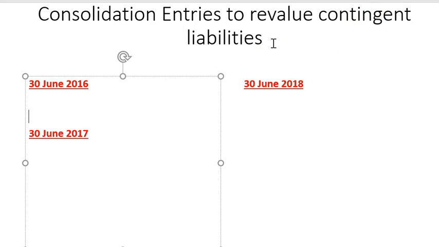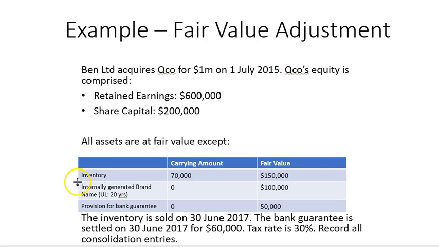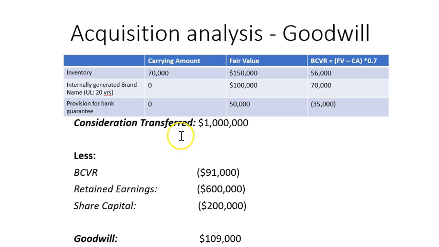So in this case, it is the provision of the bank guarantee. So if we look back at the question, we know the provision of bank guarantee, the fair value is $50,000. So we calculated the BCVR on that to be $35,000.